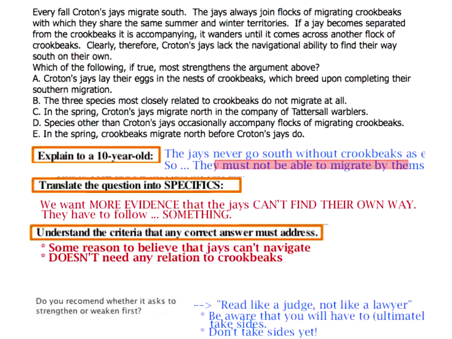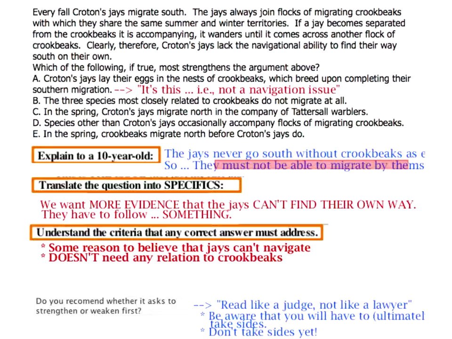In terms of these choices, A gives you a reason to think that the argument is wrong. A is actually a weakener, because what A points to is the idea that it's not a navigational issue at all, but a reproduction issue.